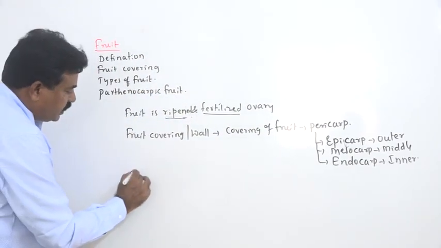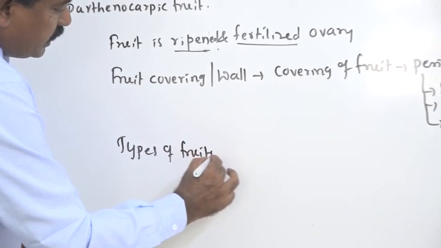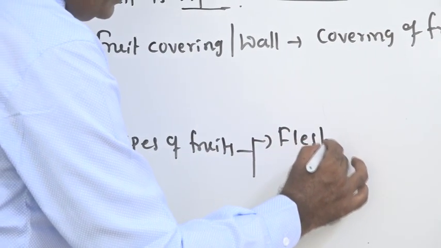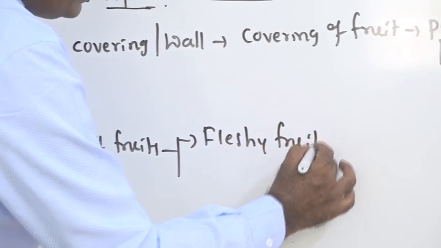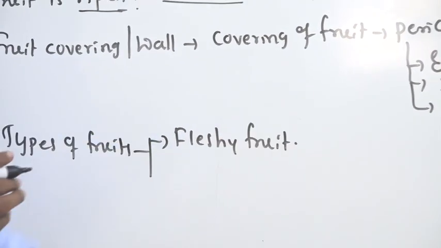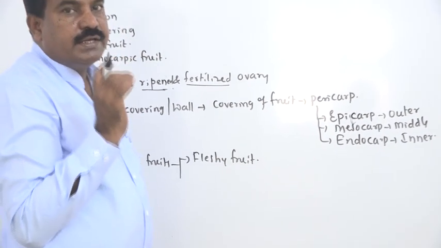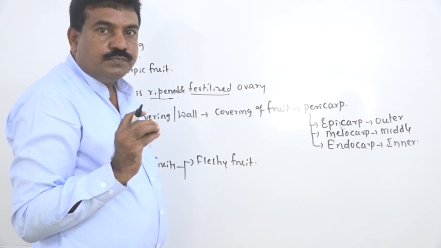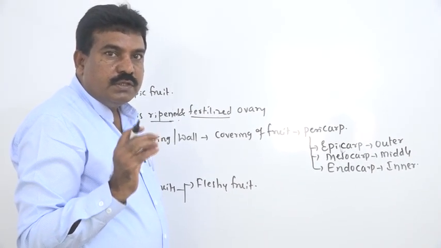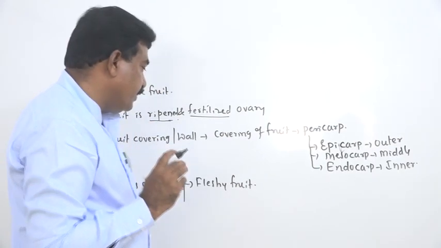Then, if you consider types of fruits, in one classification we have fleshy fruits. That means the complete fruit wall, in other words the pericarp, is fleshy in nature. Take a tomato, sapota, or guava, where the majority of the fruit is fleshy.